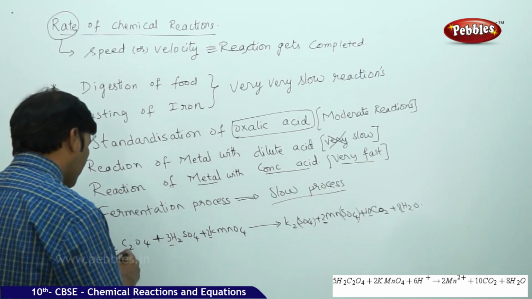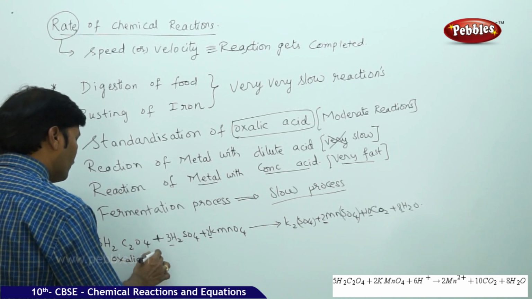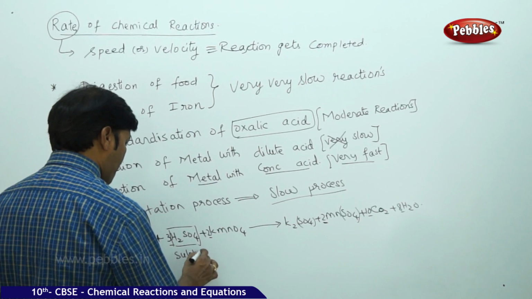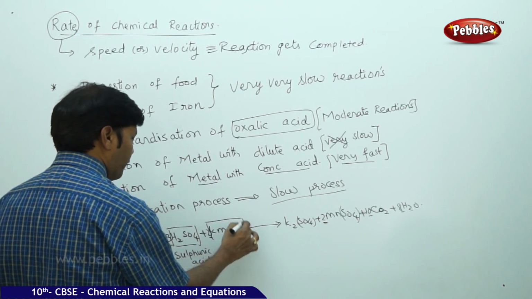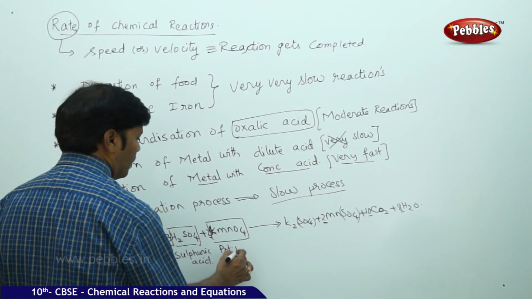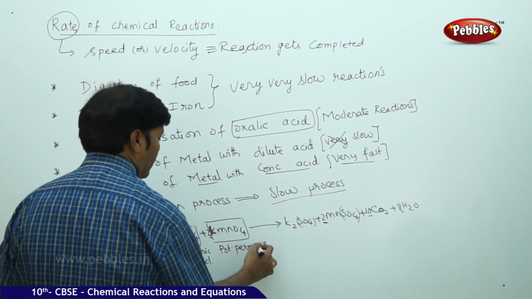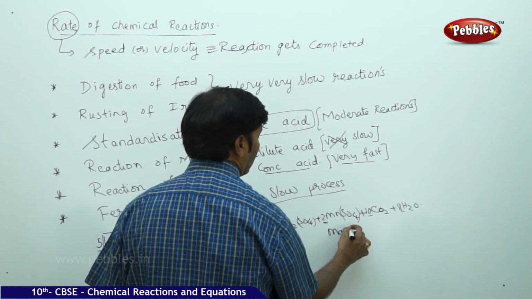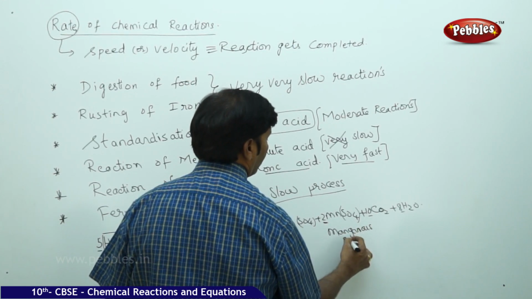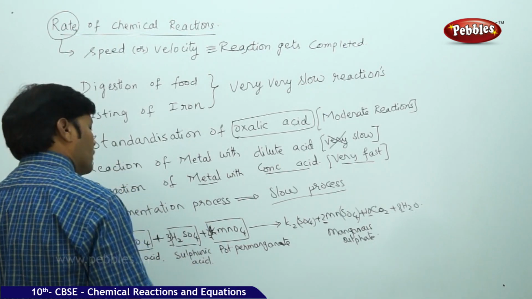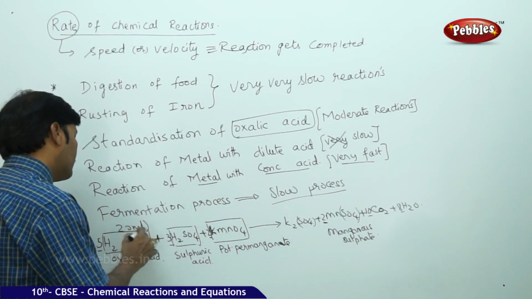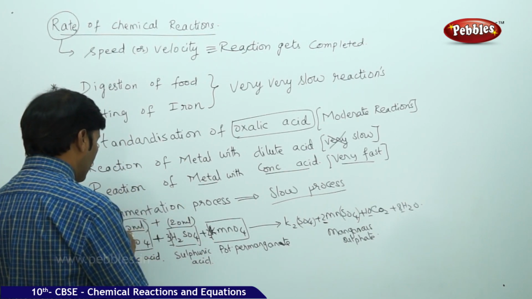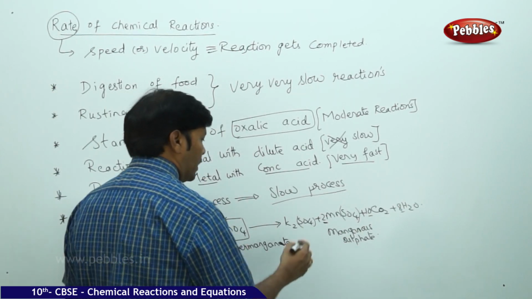So here what is happening is, you take 20 ml of oxalic acid, H2C2O4, and sulfuric acid, and this is potassium permanganate, and this is manganese sulphate. For this reaction to take place, we take 20 ml and 20 ml, and we titrate with KMnO4, and that will result in the formation of manganese sulphate.